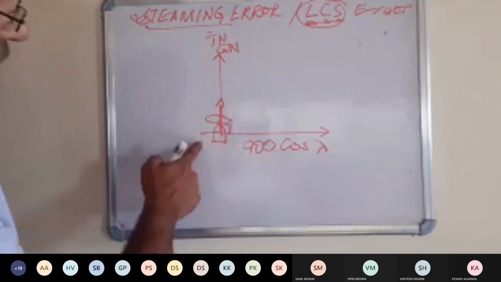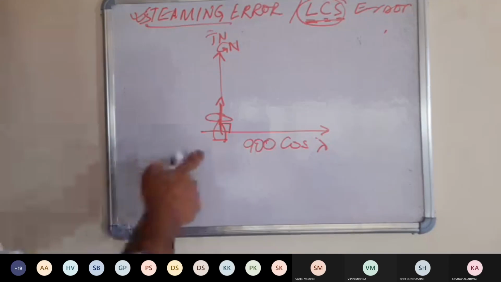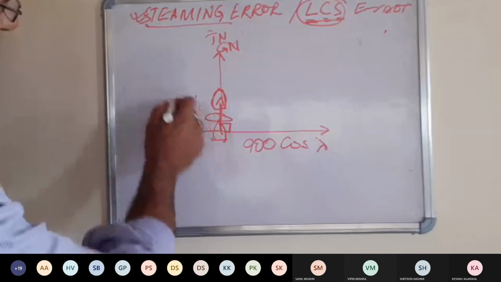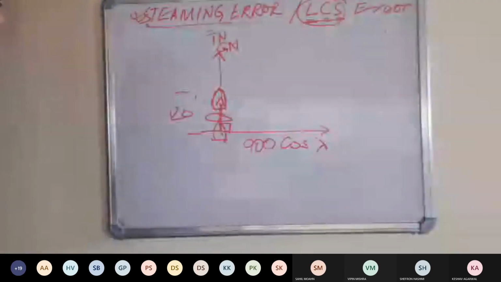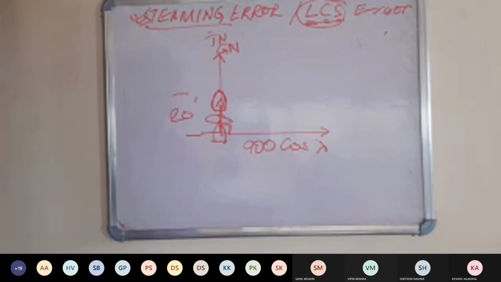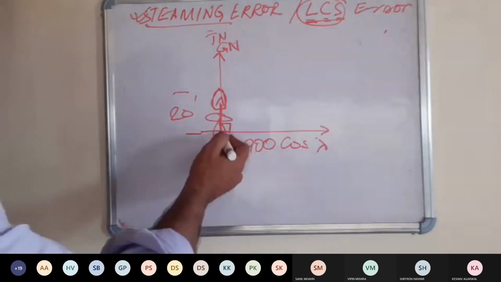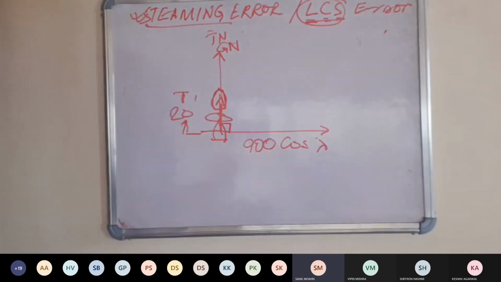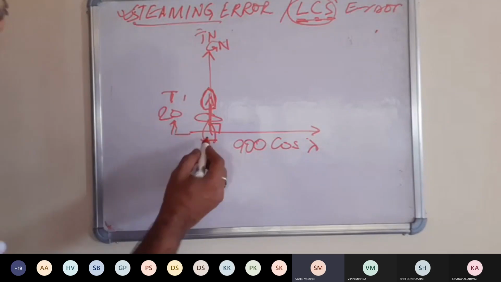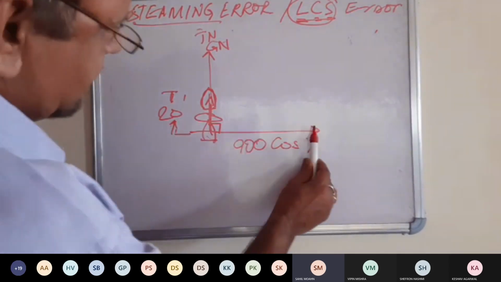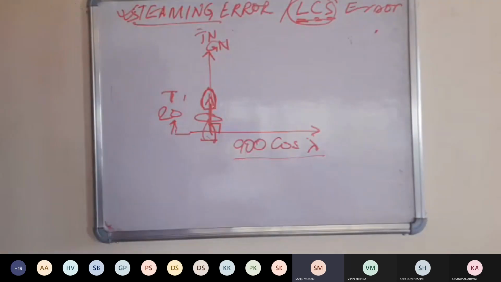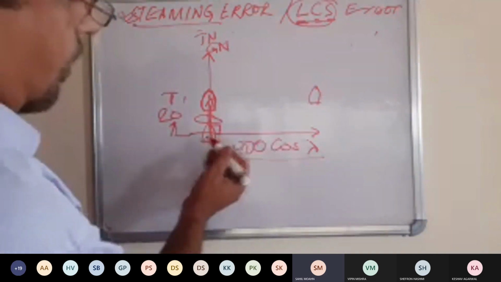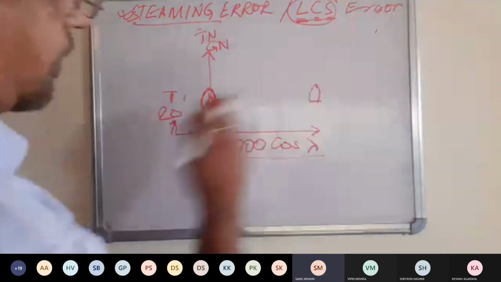If she moves at 20 knots speed on a northerly course, will she reach here or not? Will she reach from here to here in 20 miles in 1 hour? If she goes straight, she will go up in latitude, 20 miles from here to here. Yes, sir. But when she is moving, Earth is taking her in this direction, so in 1 hour it will move 15 degrees here. That means she will actually reach here at this place, because she was going up the latitude, but the longitude was carrying her this way. Longitude was moving, so she will reach here.